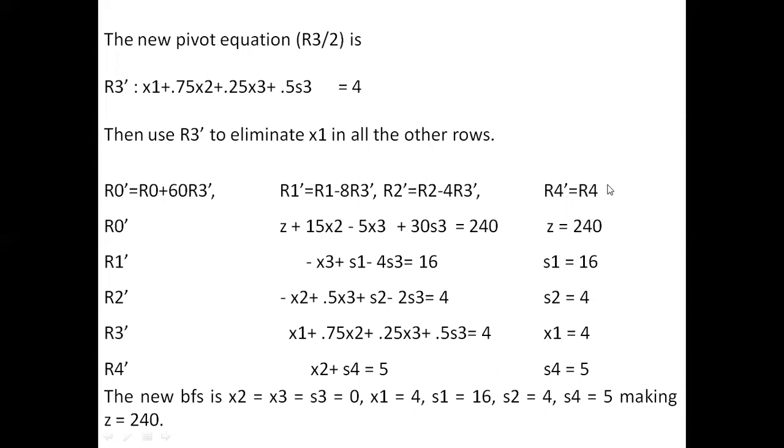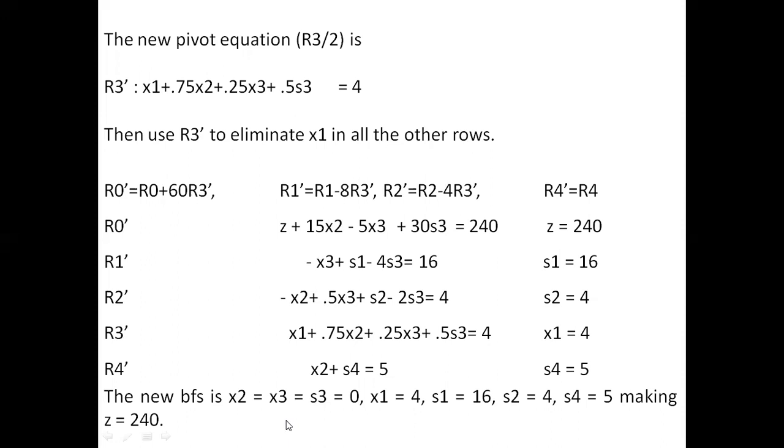There is an equating factor, a justification process, and upon substituting those, we will be obtaining the z value as 240, slack variable 1 is 16, slack variable 2 is 4, and considering the basic equation x1 is equal to 4 and slack variable 4 is equal to 5.